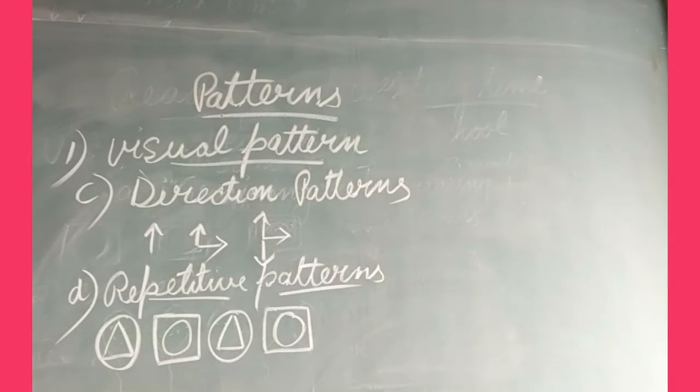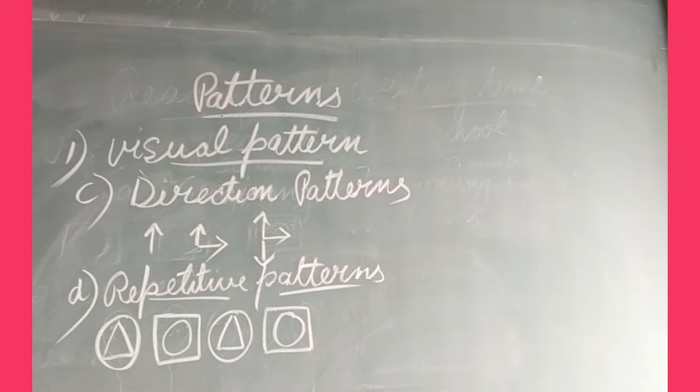Clear to you all, students? So today you have learned first about pattern, then about visual pattern. Visual patterns are 4 types: growing or increasing pattern, decreasing pattern, direction pattern and repetitive pattern.